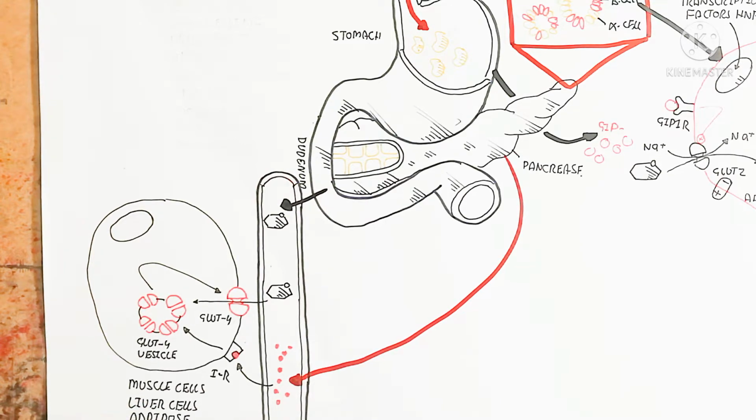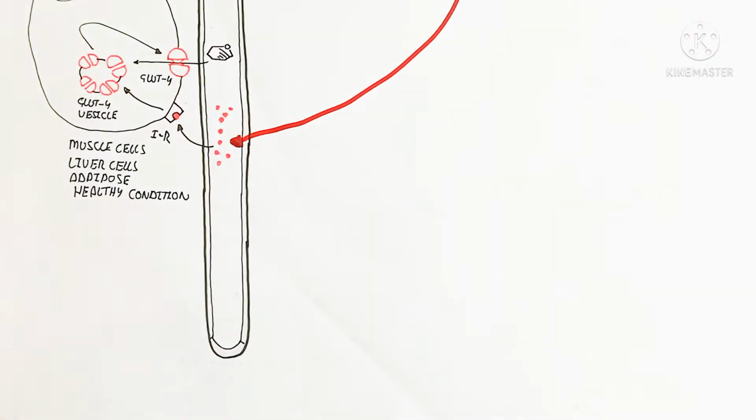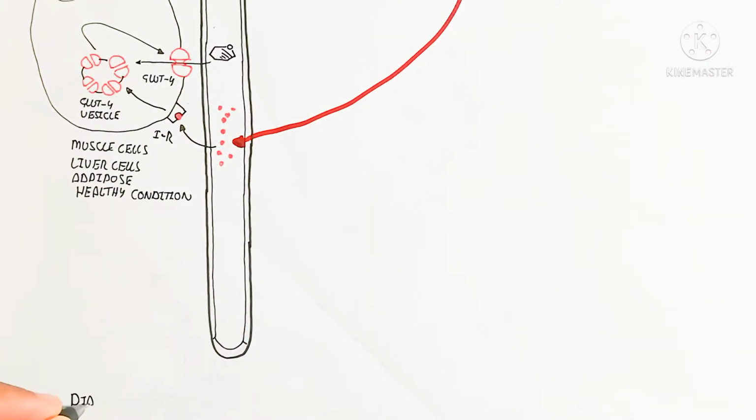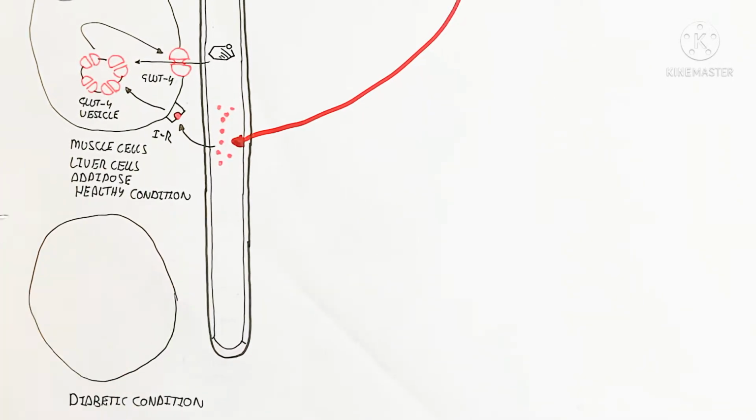So you can see the signal ligand is insulin, which leads the GLUT4 to bind with the cytoplasm membrane.